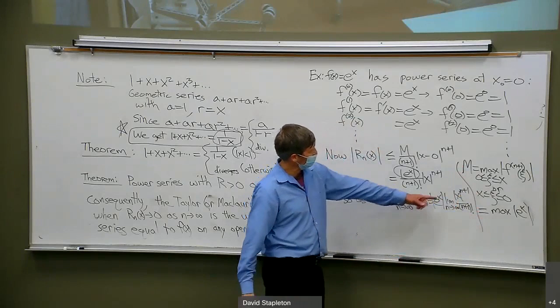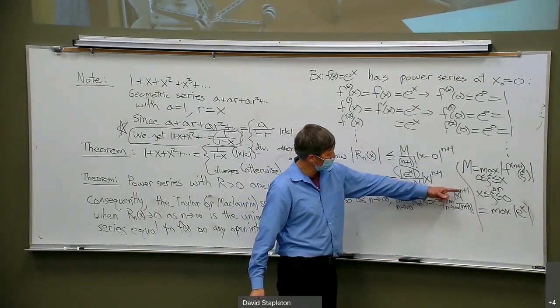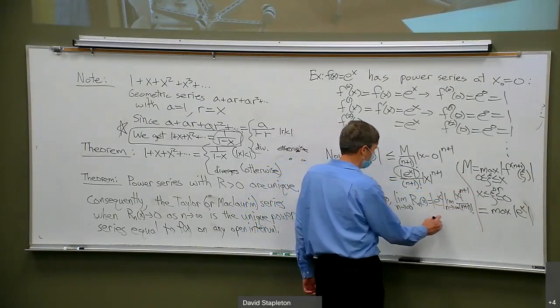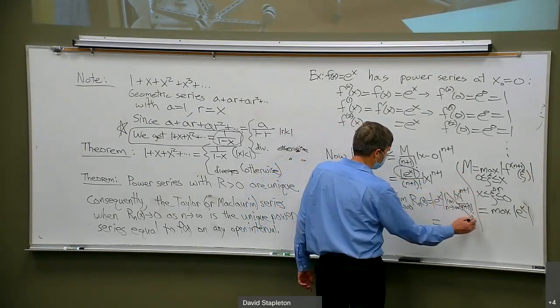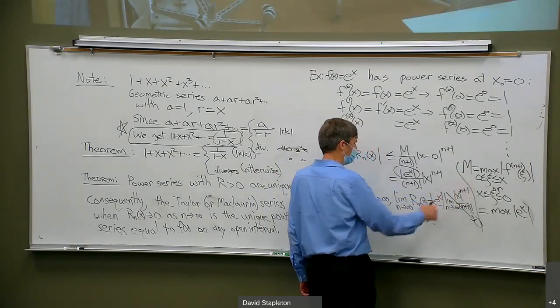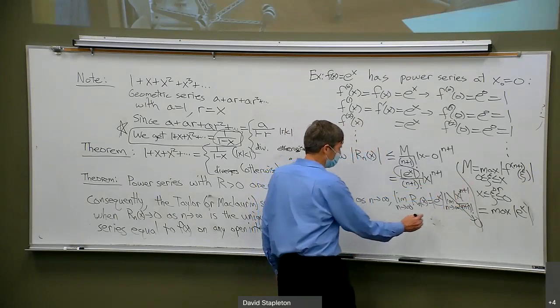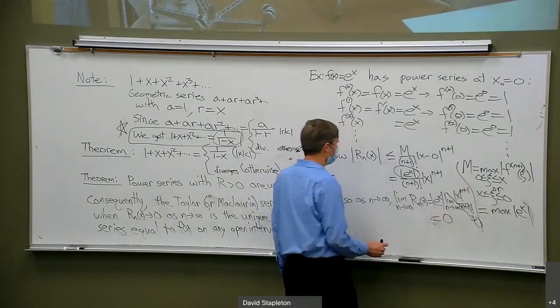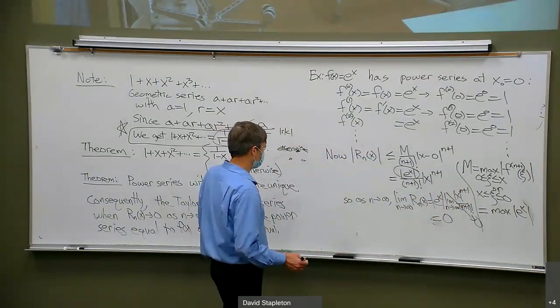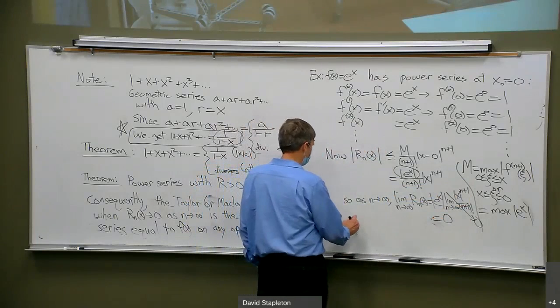Well, what is this? We did this before. If you have a number to a power over the factorial, it drives the quotient to 0. So this one we recall from before goes to 0. The factorial grows faster than any power. And so the limit is actually equal to 0. So this is actually going to get us the power series for e to the x.